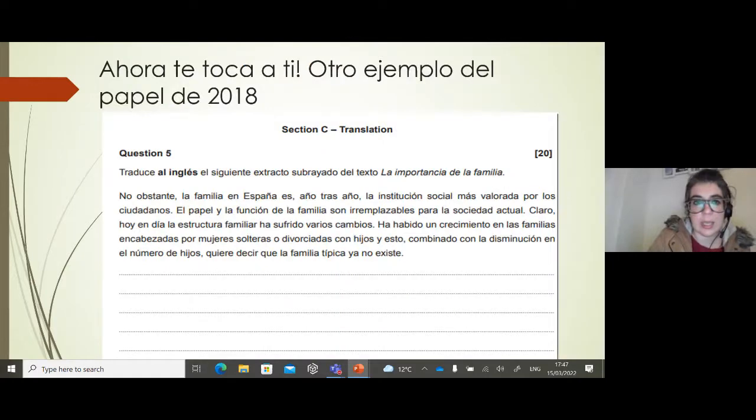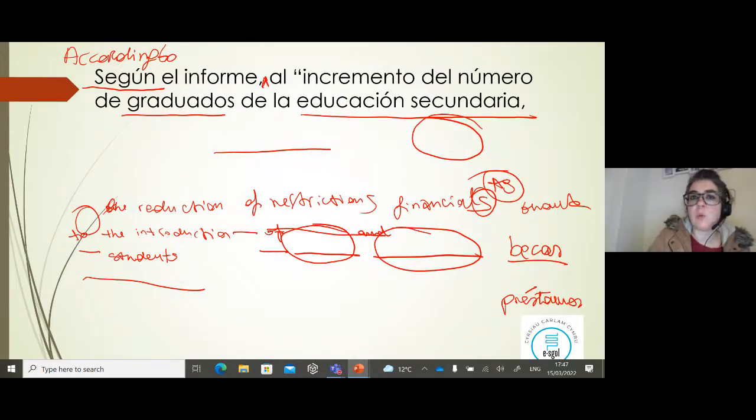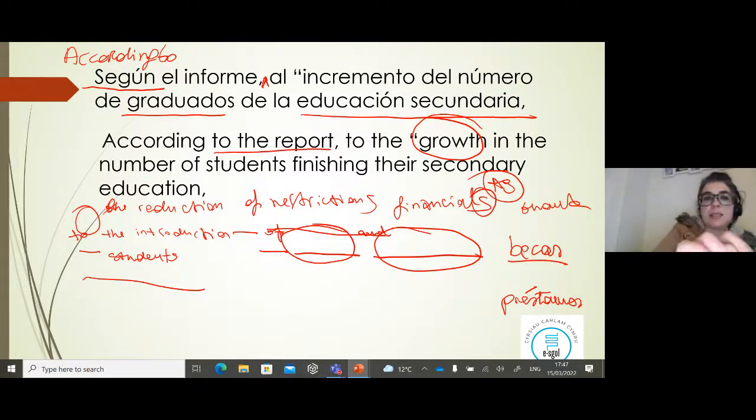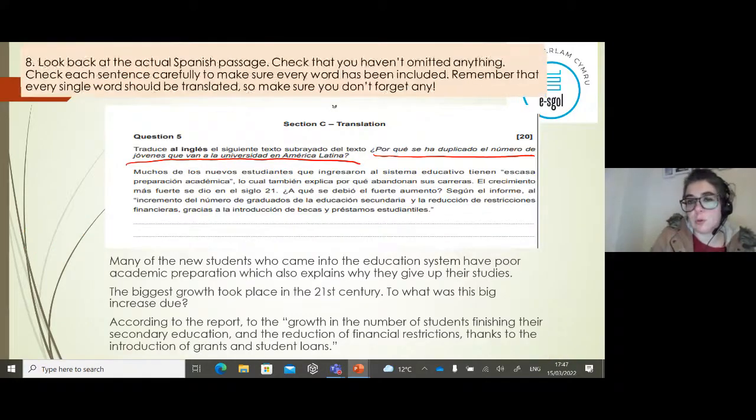So let's say if you struggle with this sentence, you might get 1 out of 4. How much did you get in this one? So this could have been 4 out of 4. So sum up in the end all the parts of your translation.